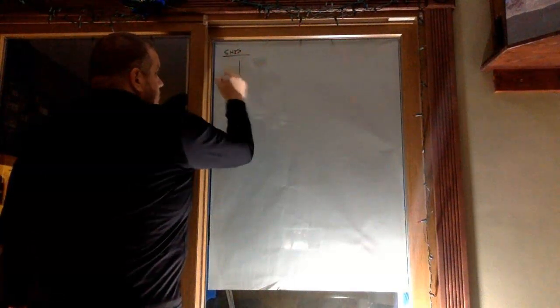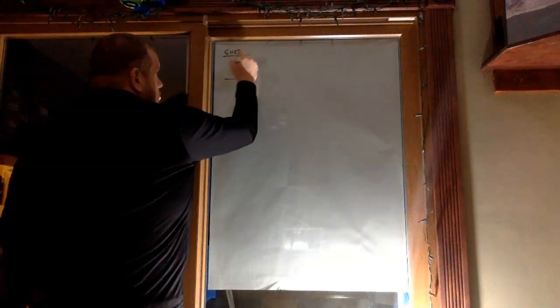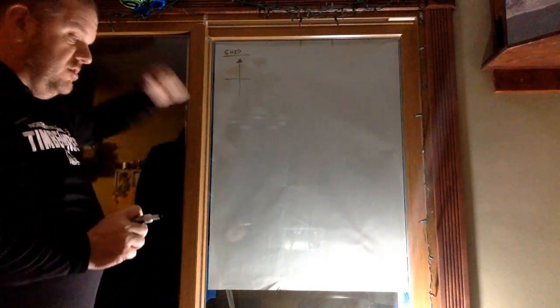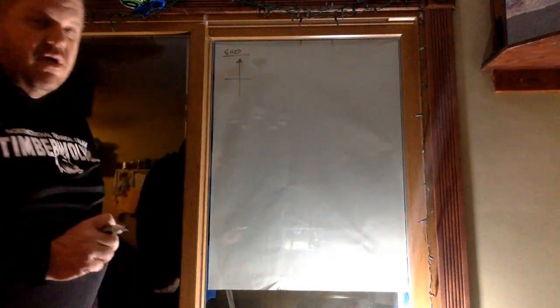So the ship is traveling due north. So it's going straight up. When stuff's happening due north, due west, due east, or due south, that's great for you, because it's traveling at 24 knots.